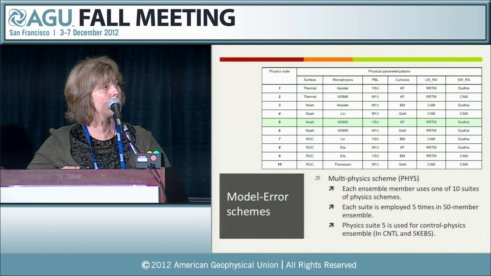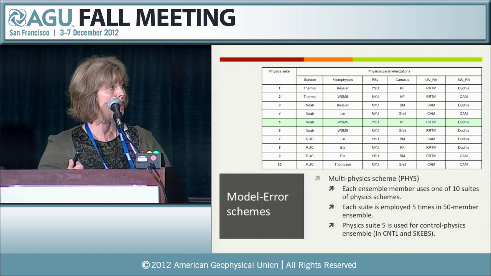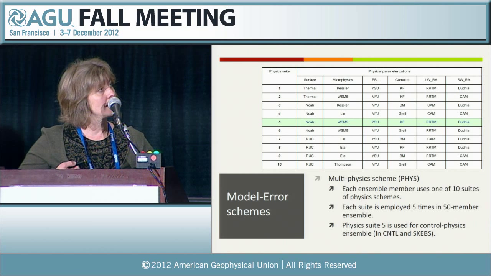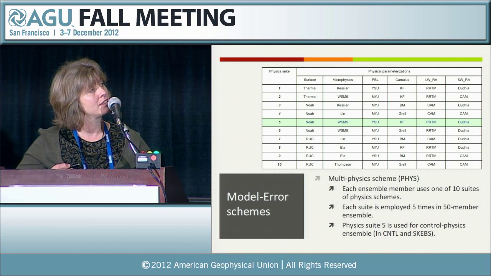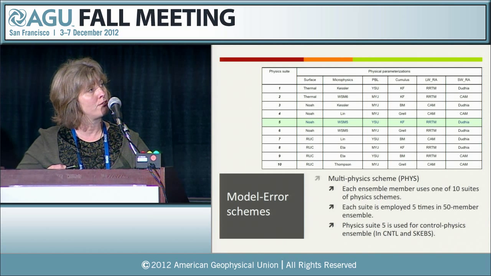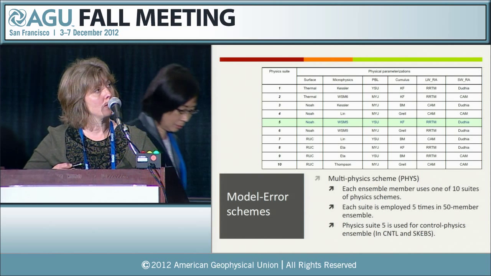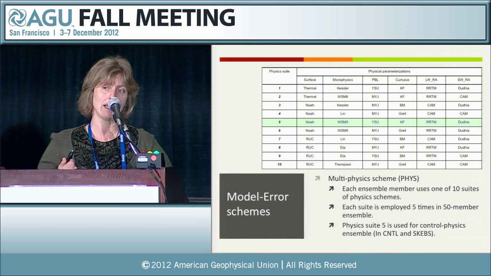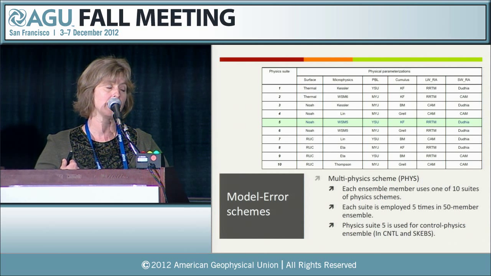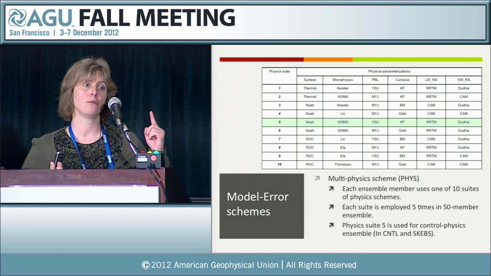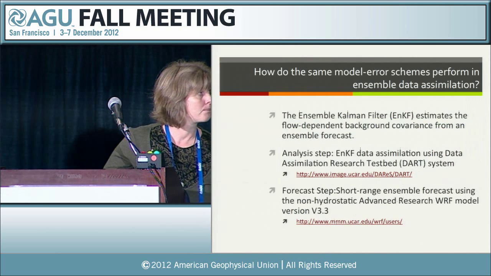Each suite is employed 5 times in the 50-member ensemble used in the ensemble data assimilation. And this number 5 here is what we call the control physics. This is the physics suite that is used for the control simulation, and it's also used for the simulation with SKEBS on top. So the SKEBS simulations have only one physics scheme.